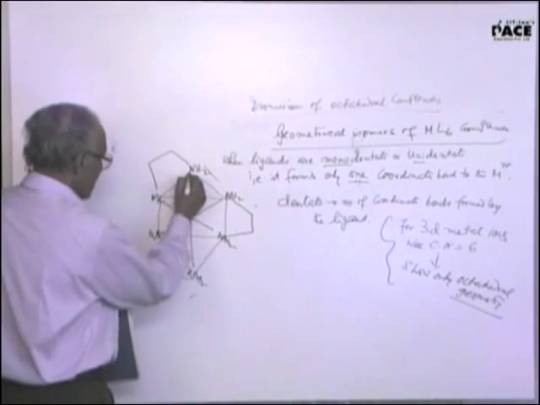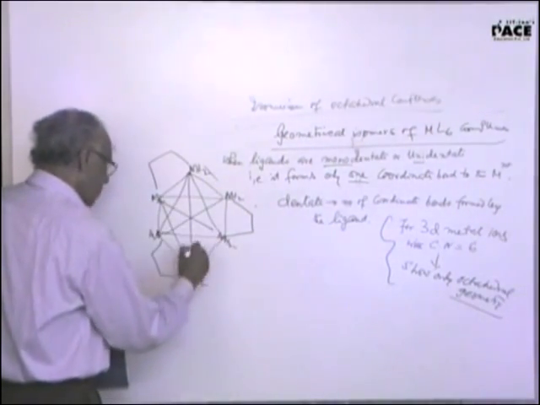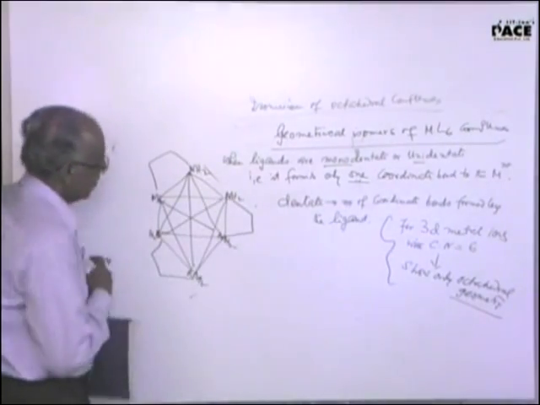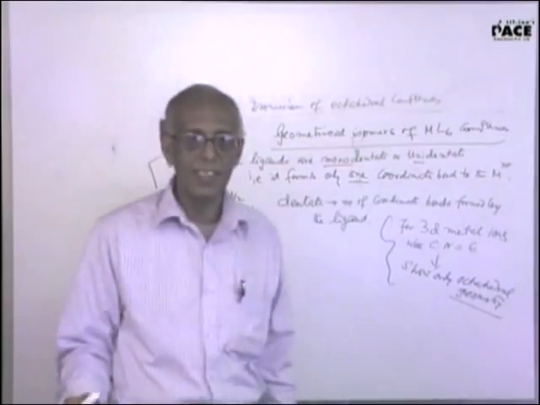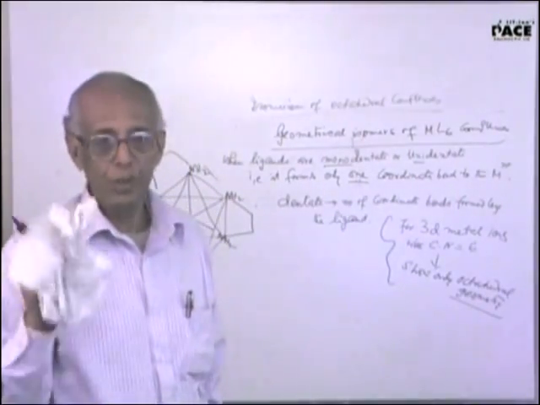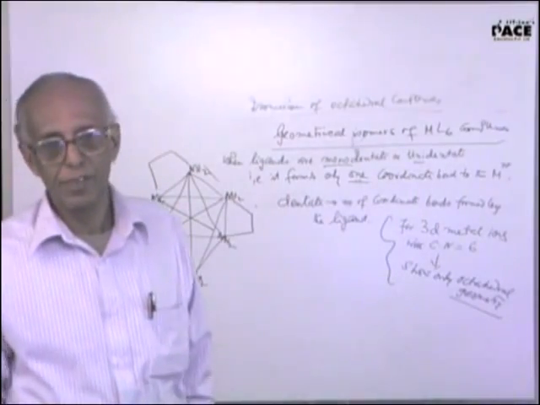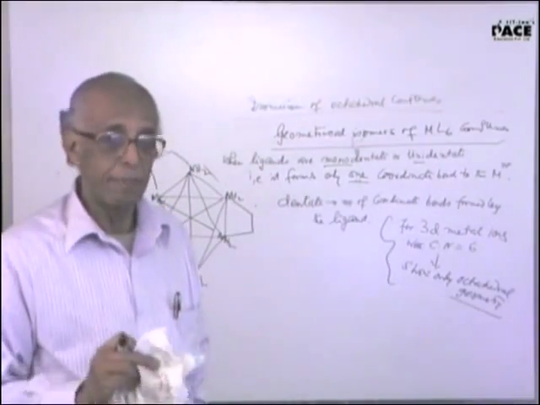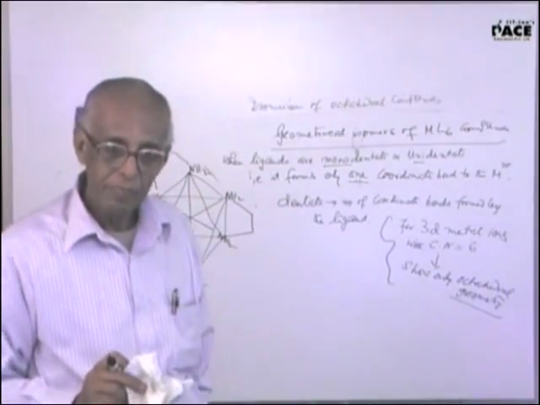So whether it's bidentate or tridentate, as long as it forms 6 coordinate bonds, it will give only octahedral structure for 3D metals. Is it clear?